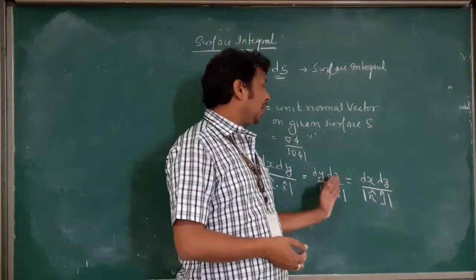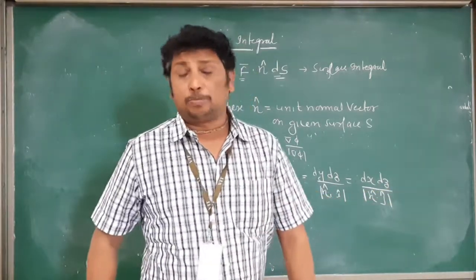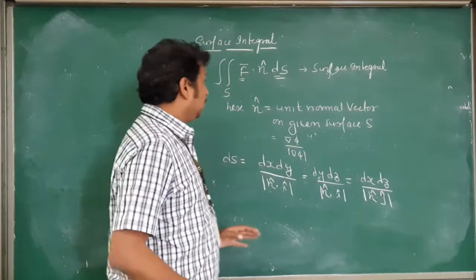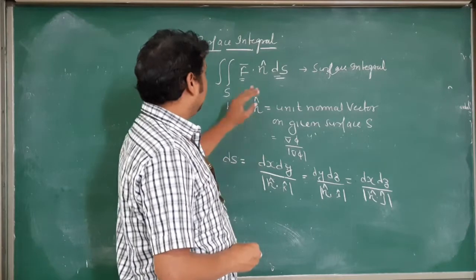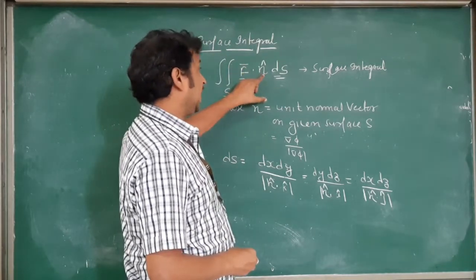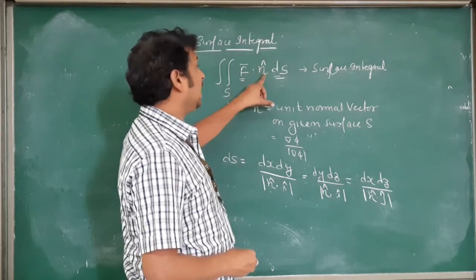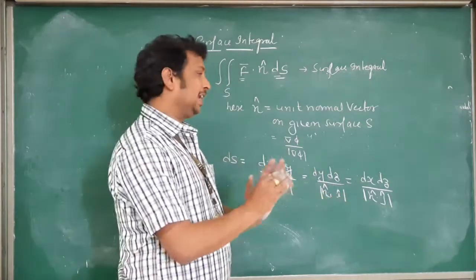So either you take the yz plane or xz plane based on your choice. Please take care of this. Now I am going to explain how we calculate with an example. So understand: F is given, calculate n cap first, find F dot n cap, based on that choose the dS value, meaning choose the projection, and then calculate.